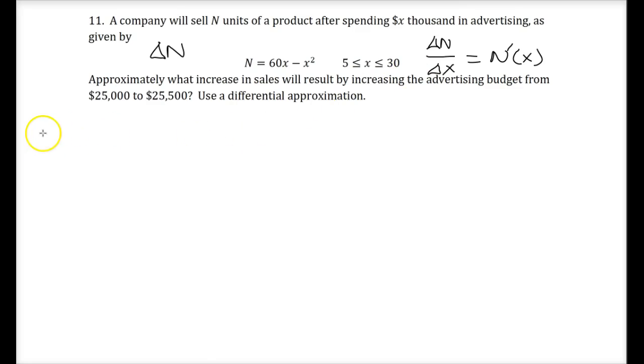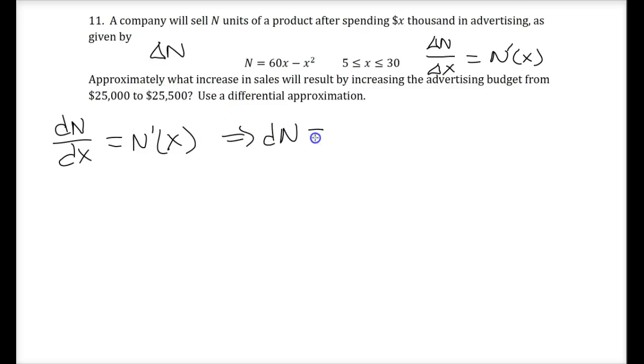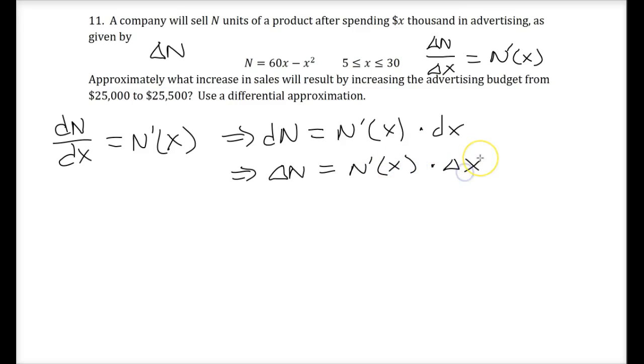So here we know that dN over dx could be equal to that. However, since we're trying to get an approximation, if we rewrite it this way, then instead of dx, which is theoretically the smallest change in x, we could do this, okay?